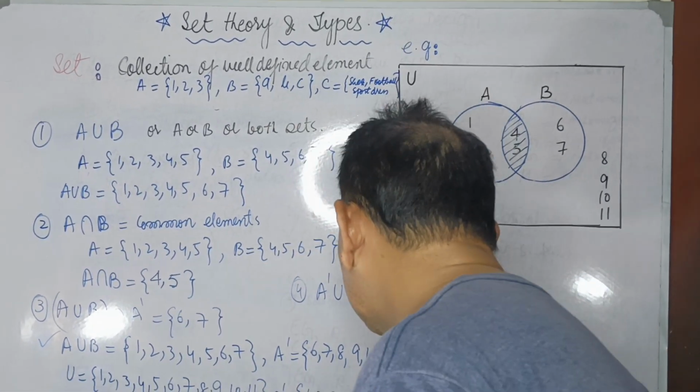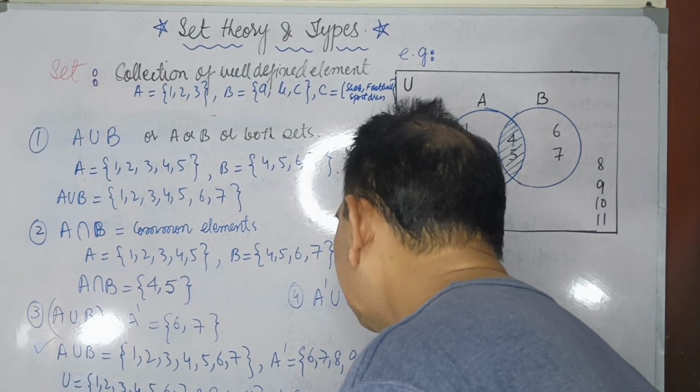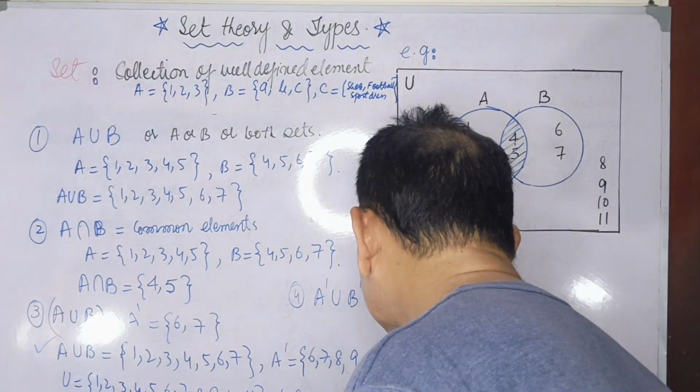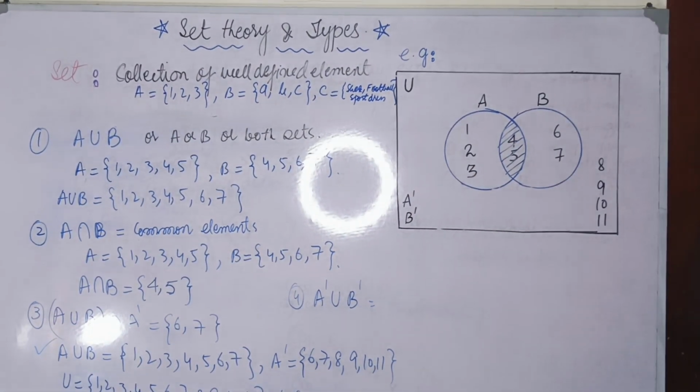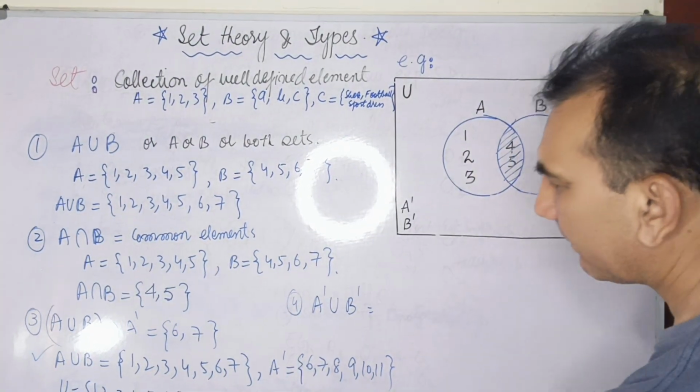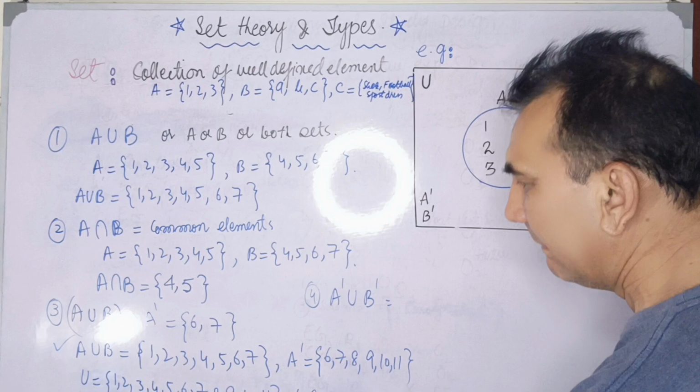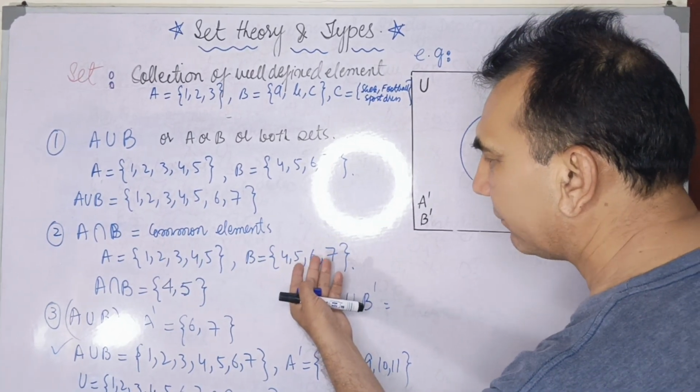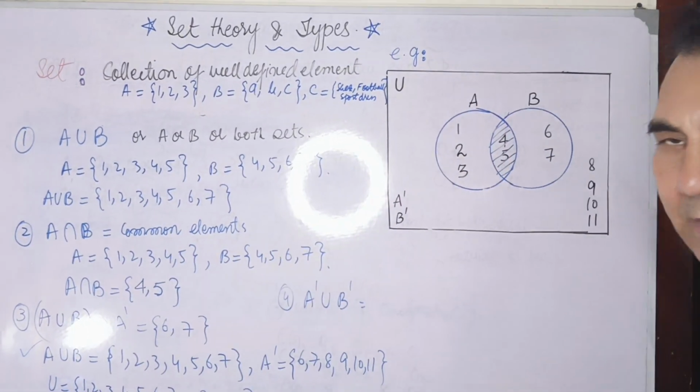Then we will write down 8 9 10 and 11. So 1 2 3 8 9 10 11 is the B complement set, which is the universal set minus the elements of B.